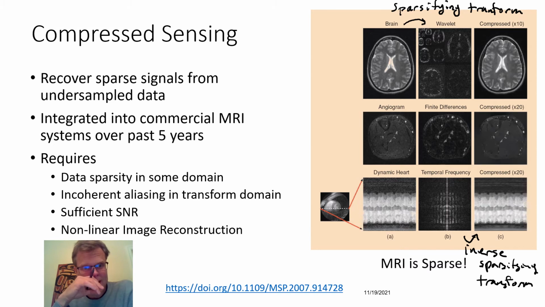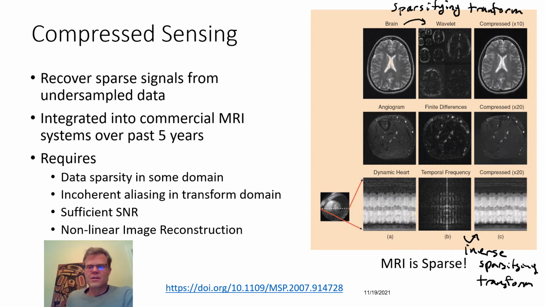It's a general term coming mostly from the statistical literature that says, well, we can undersample our data, but if we have this knowledge that our data is sparse in some domain, we can actually recover our fully sampled data with this model.